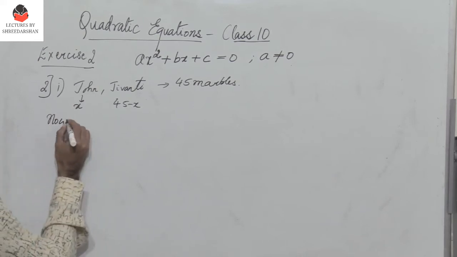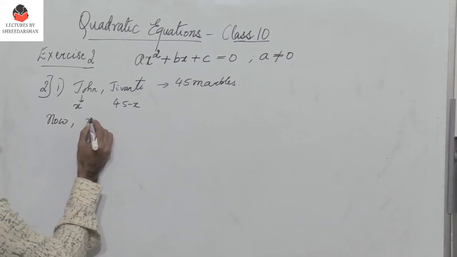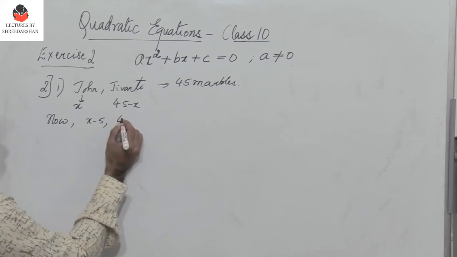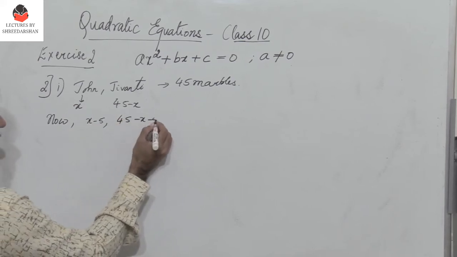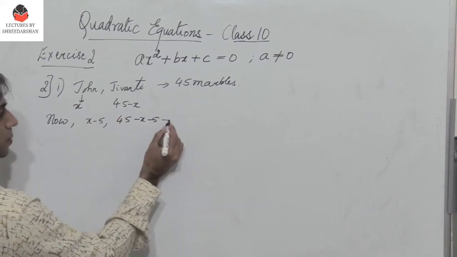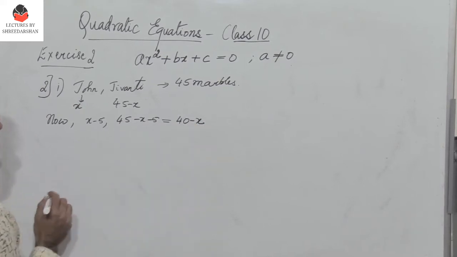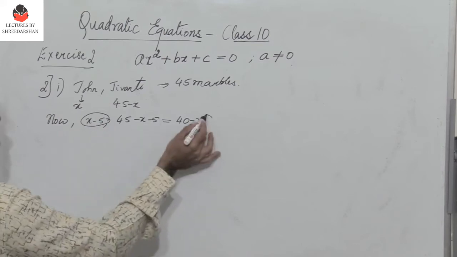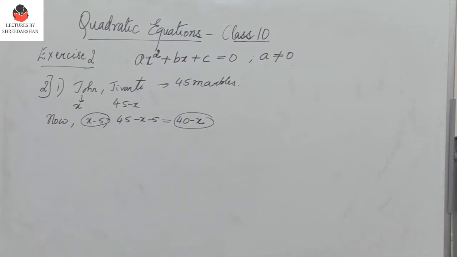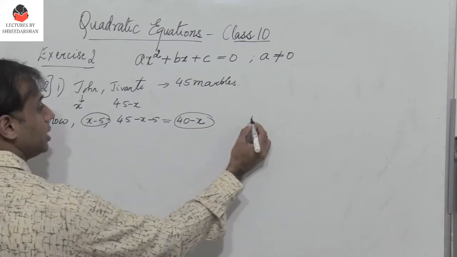So now the number of marbles they have is x minus 5 and 45 minus x minus 5, so it's going to be equal to 40 minus x. These are the number of marbles which John has and Jivanti has now, after each of them have lost 5 marbles. And now the product of these two is equal to 124.